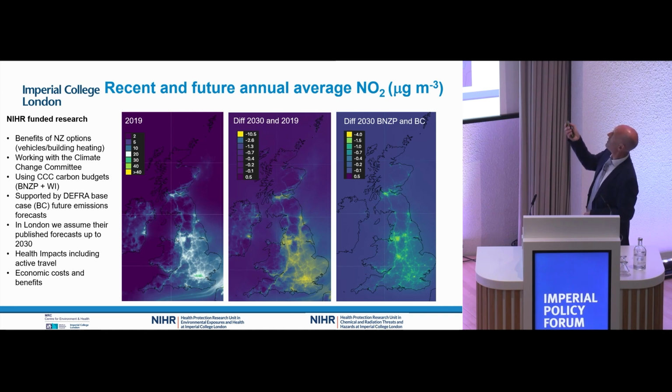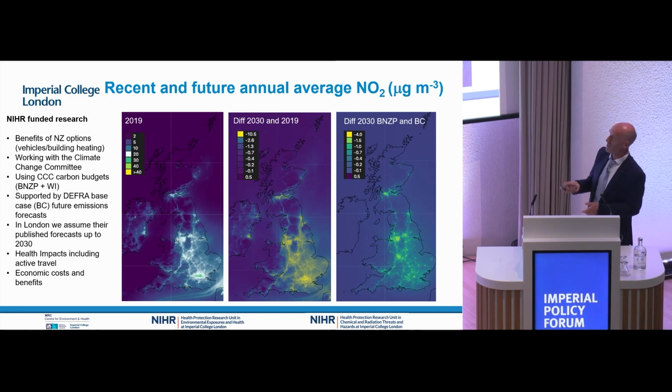But then if you take the 2030 with the government policy and compare that with a 2030 with the BNZP, so more electric vehicles, for example, there's almost twice as many electric vehicles in that scenario, then you get an additional benefit for NO2. So certainly for that pollutant, it looks quite beneficial.